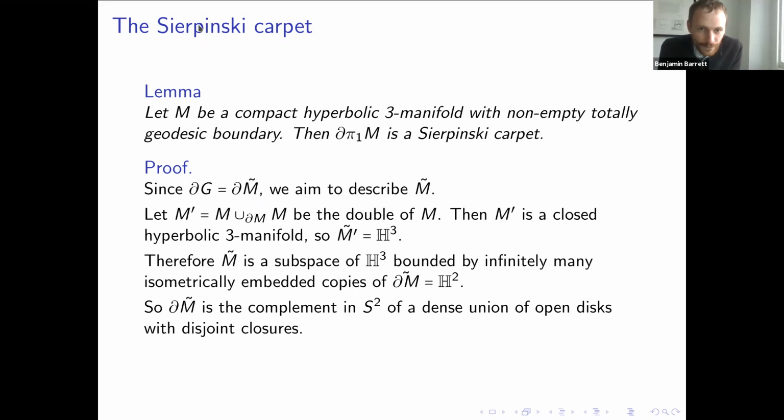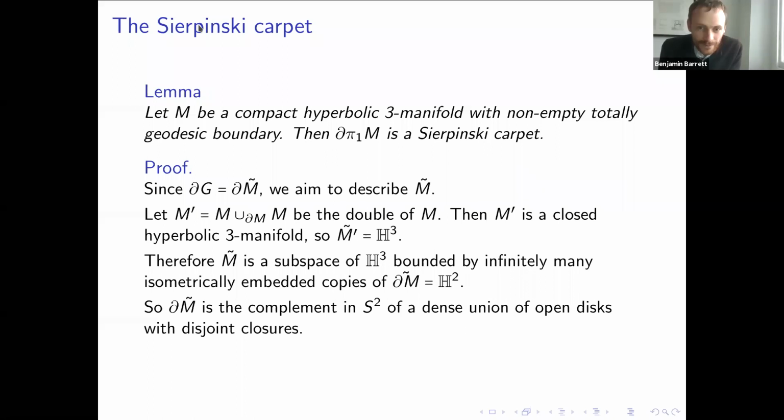And then if we think about what I've just described, what that means for the boundary is that the boundary of H3 is S², the 2-sphere, minus the bits cut out by all of these isometrically embedded copies of H². So minus a dense union of open disks with disjoint closures.